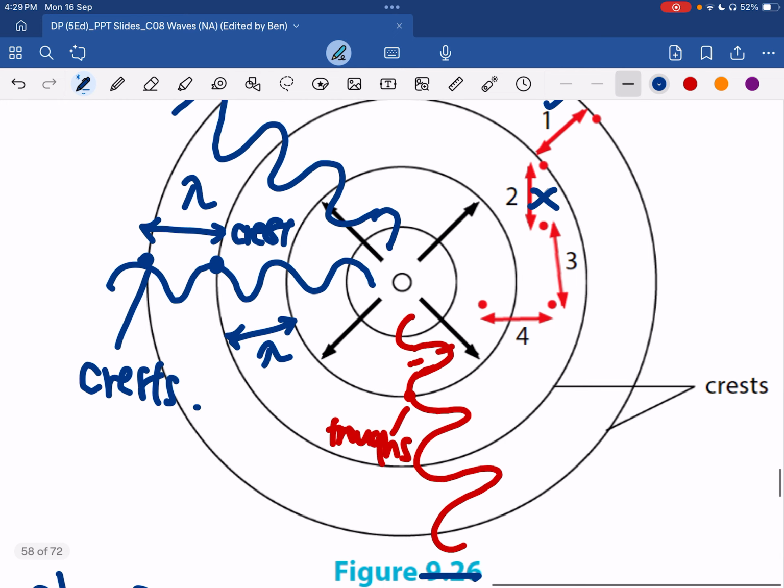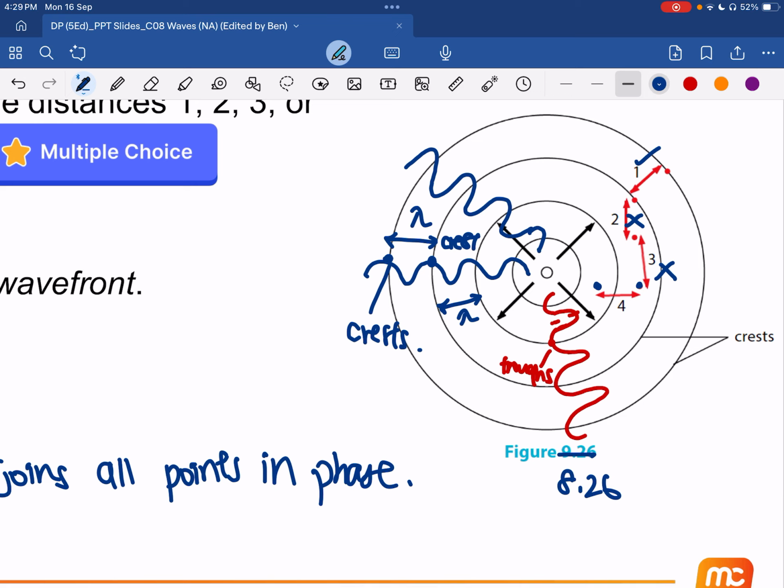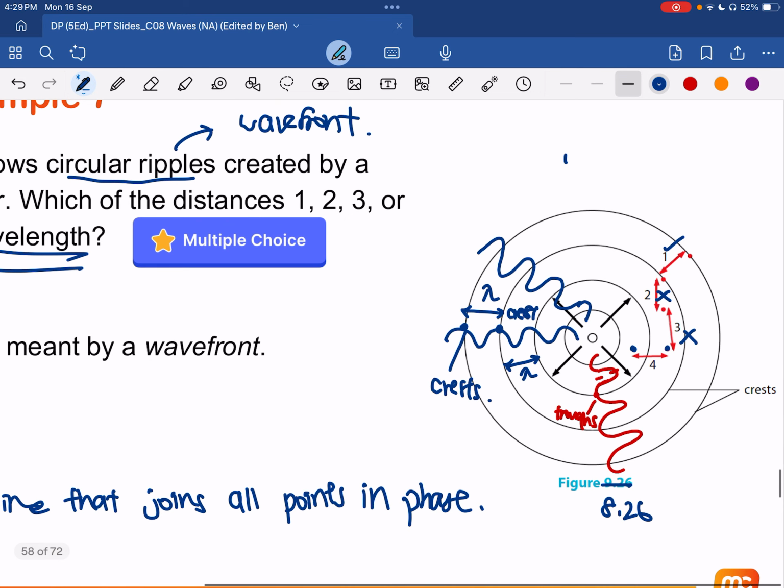Then 3, neither is 3 because it's not the shortest distance. 4, if you notice, 4 is right smack in the middle, in between a crest, from a crest to another crest.